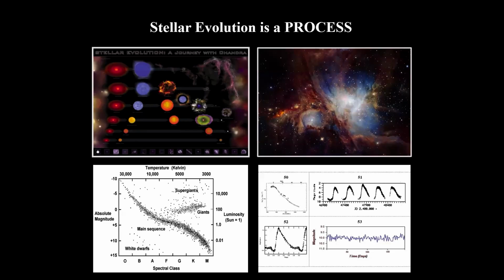So, stellar evolution is a process. There are 4 different segments: stellar evolution, the deep sky objects, the HR diagram, and the light curves are the 4 segments involved with stellar evolution, the entire process. Those segments should not be treated as separate topics to learn, but an integrated portrayal of the entire process.